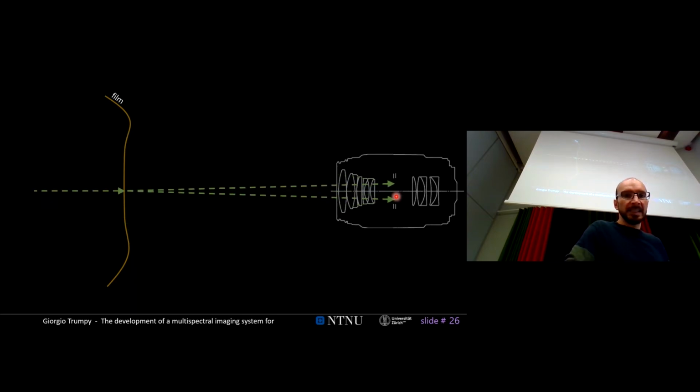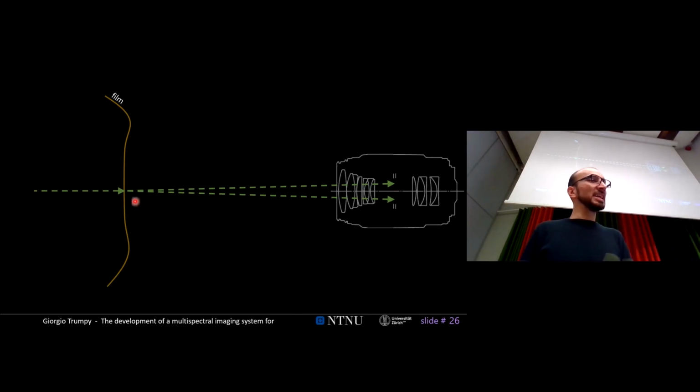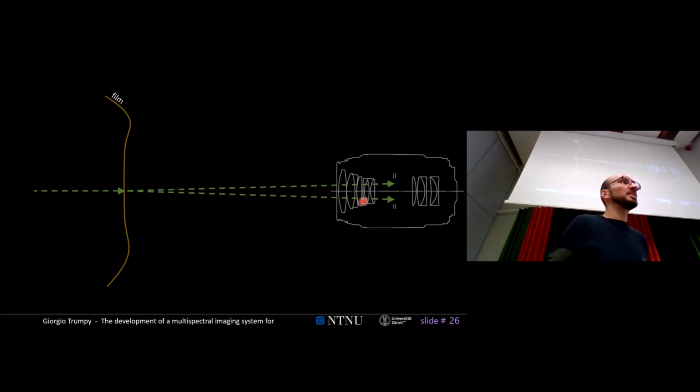So you have this optical configuration in condensed illumination, in which each point of the film receives light from one direction only. And then the light is collected also with a very limited range of angles, depending on the aperture of the imaging lens and the working distance of the whole setup.